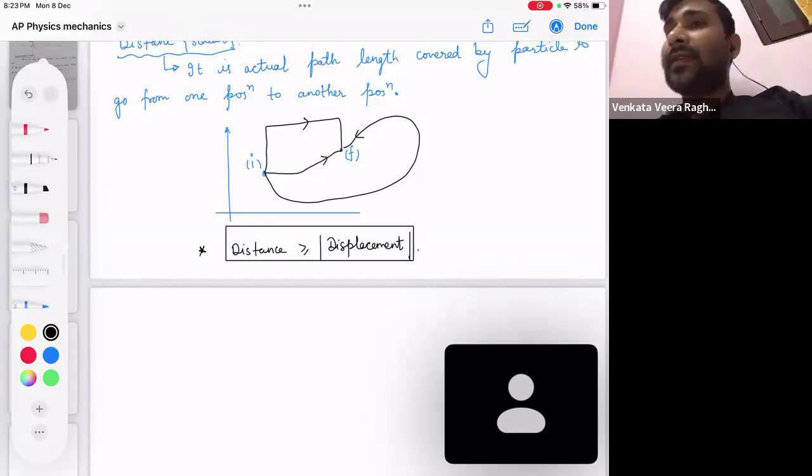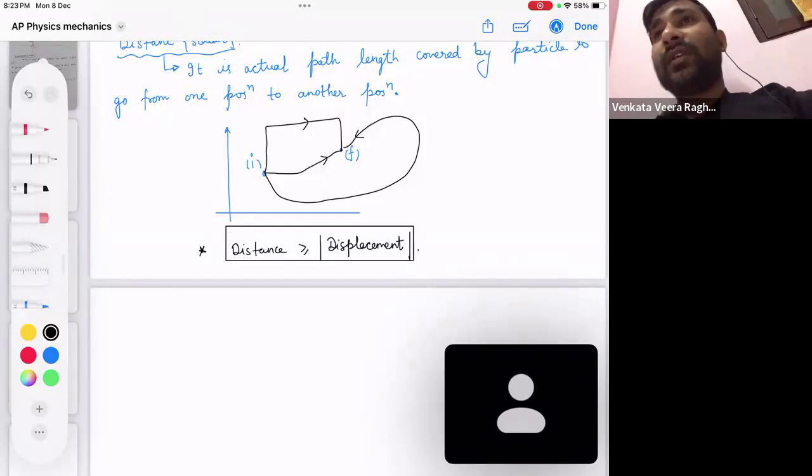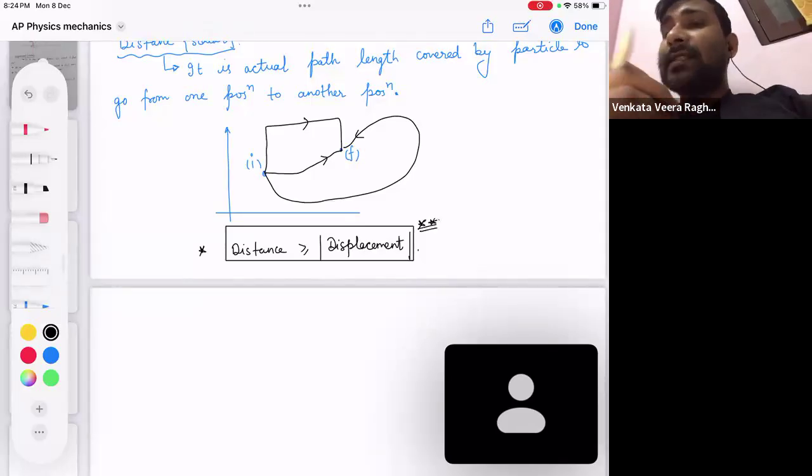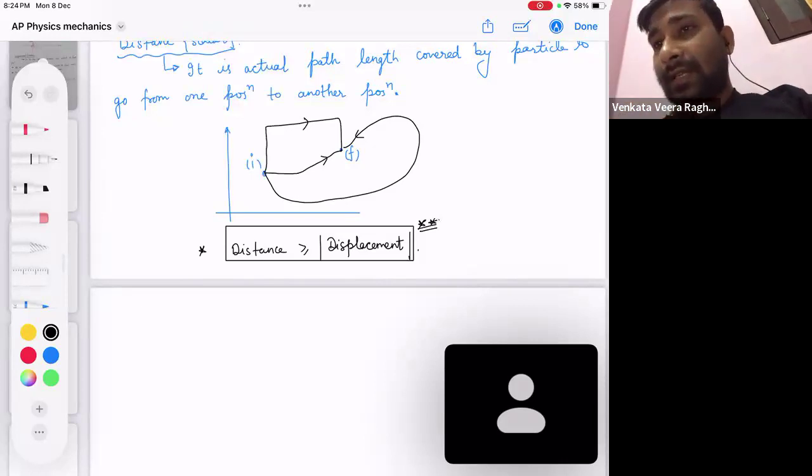No, sir, never possible. Why? Because displacement is the straight line distance, which will be the shortest one. If I follow any path other than the straight line, I am always going to get more distance traveled compared to the displacement. So just keep in mind this theoretical point, that distance will always be greater than or equal to the magnitude of displacement. Clear?